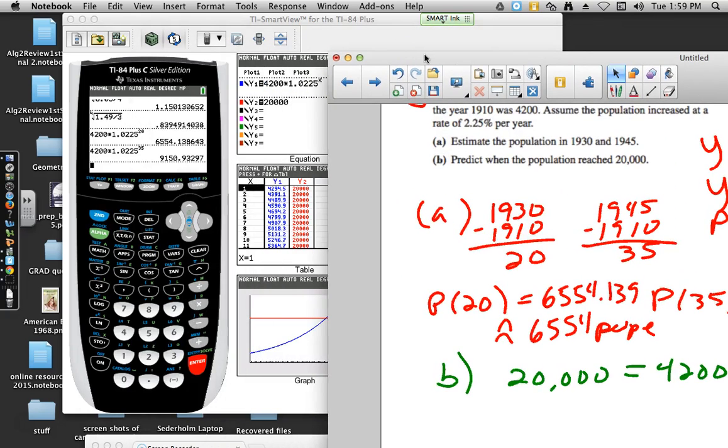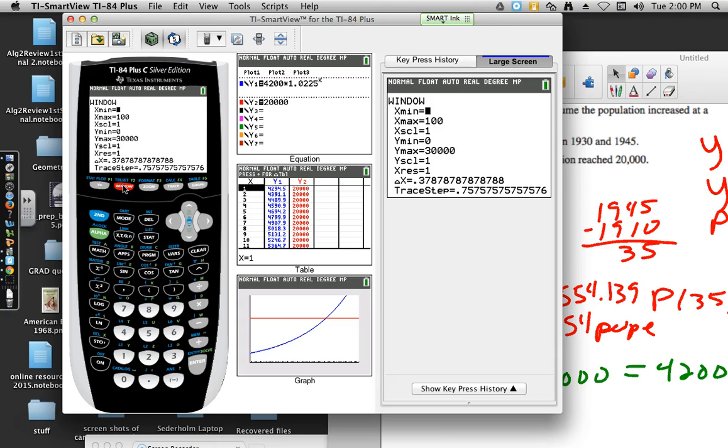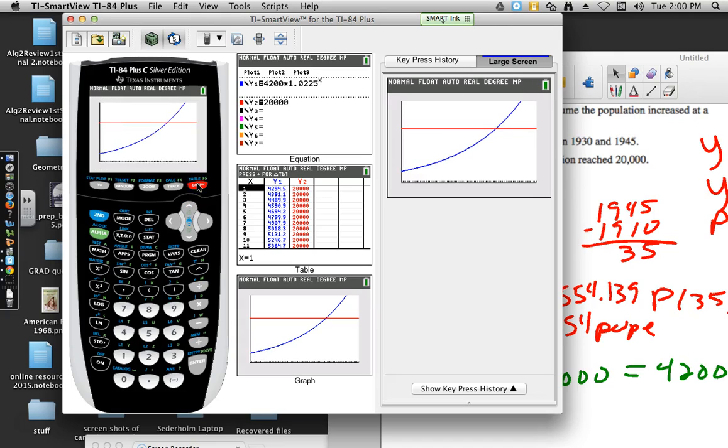So if we go back to the calculator and go into y equals, you'll see that I already have that punched in. And then we need our window, and I was guessing that it would happen within 100 years here. That seemed like a good estimate. And because we were looking for 20,000, I had my y max at 30,000. And hit graph, and there it is.